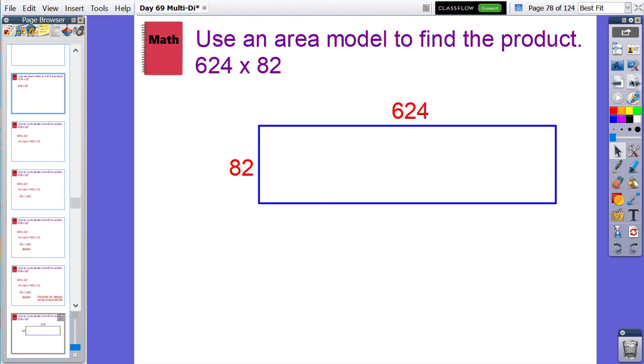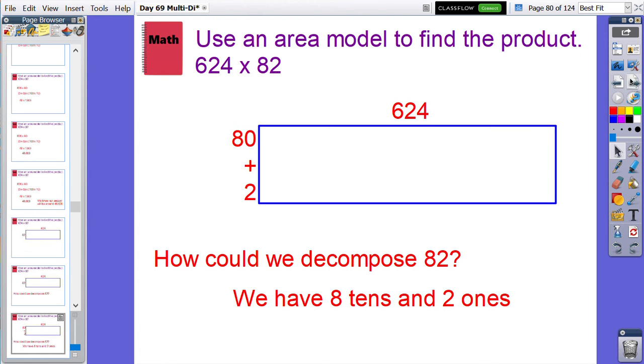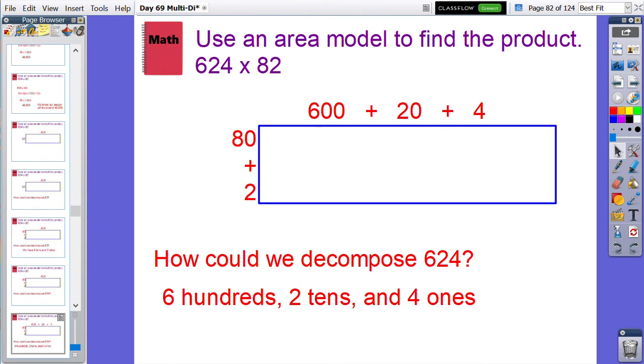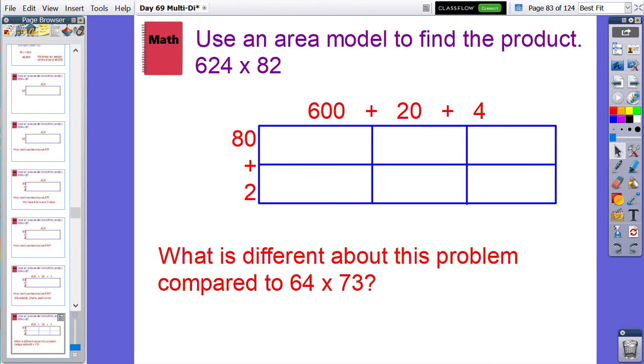And then 2 is in the ones place, so it is 2. So we have 80 plus 2 when we decompose 82, 8 tens and 2 ones. And if we decompose 624, we have 600 plus 20 plus 4. 6 hundreds, 2 tens, and 4 ones.